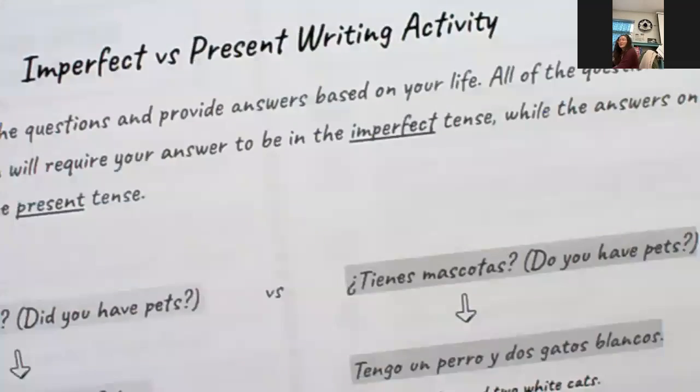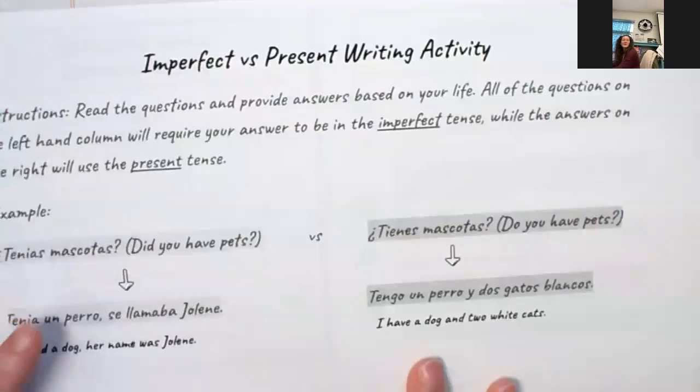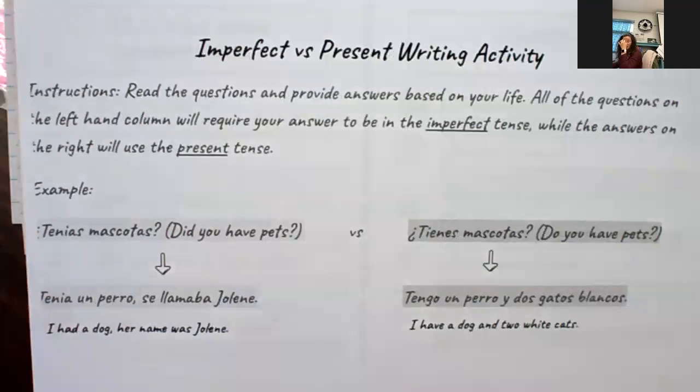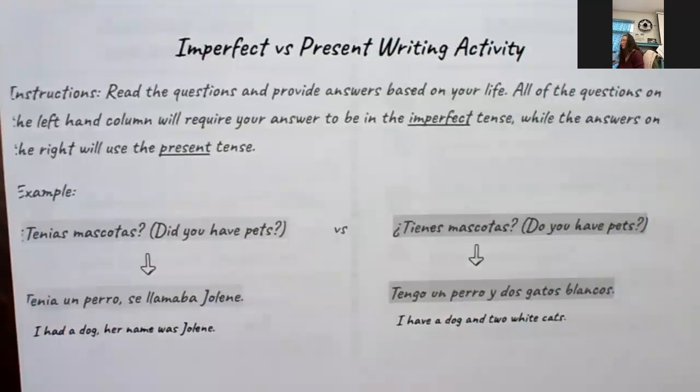So now we're going to go over our directions. And I am going to do my version of this for you all, and you guys are going to do yours for me. So our instructions, where we need to start with every activity so we know what's going on. For instructions, read the questions and provide answers based on your life.